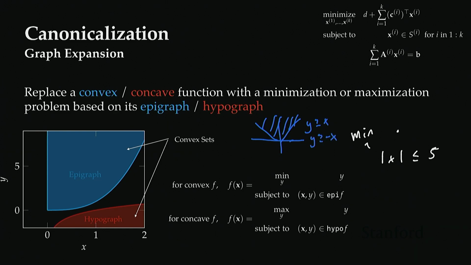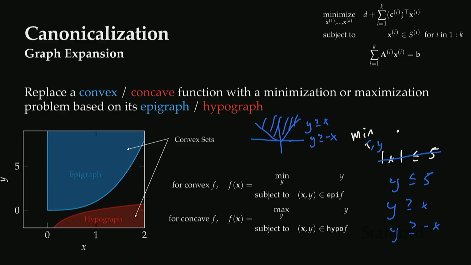So if you take the graph expansion of this, you can replace this with the following constraints: y is less than or equal to 5, y is greater than or equal to x, y is greater than or equal to negative x, and do an additional minimization over y. And this is the same thing.